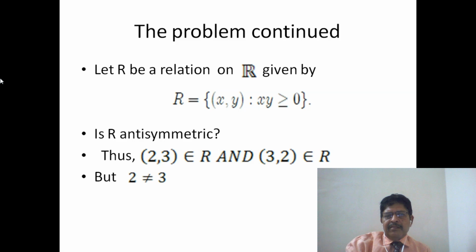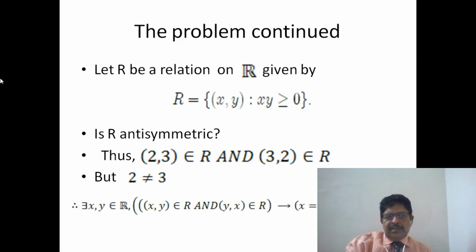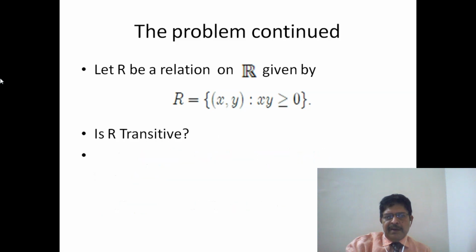Okay, so we can't say this is antisymmetric because there exist two real numbers x, y such that x is related to y under R and y is also related to x under R, but still x and y are not equal. The statement which defines the property of antisymmetry is not true here. So this is not antisymmetric.